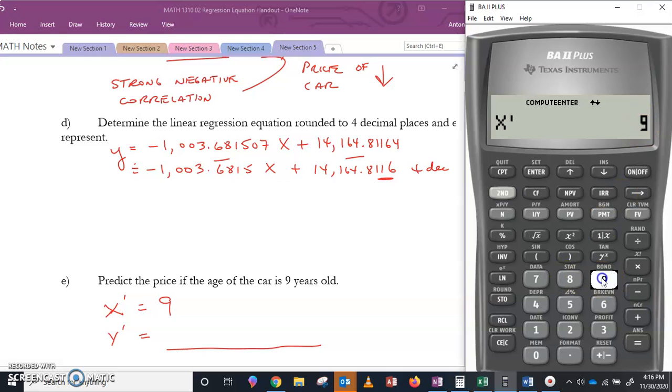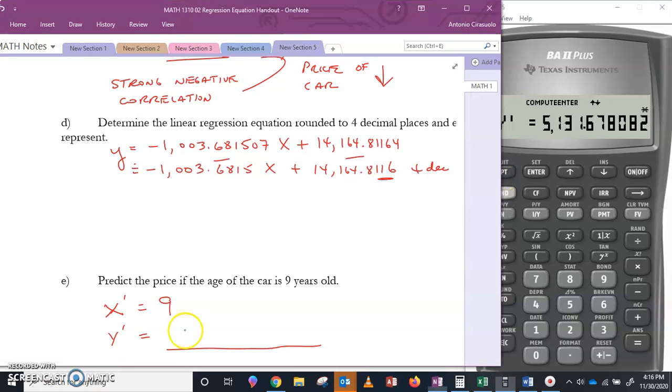So we put 9, enter, scroll down and compute, and we should expect the price of the car to be 5,131 and change. Now, just make sure whatever I ask you to round, just round accordingly, but it's that simple. If you use the formula, we would just plug in the 9 for x, and we should get the same value.